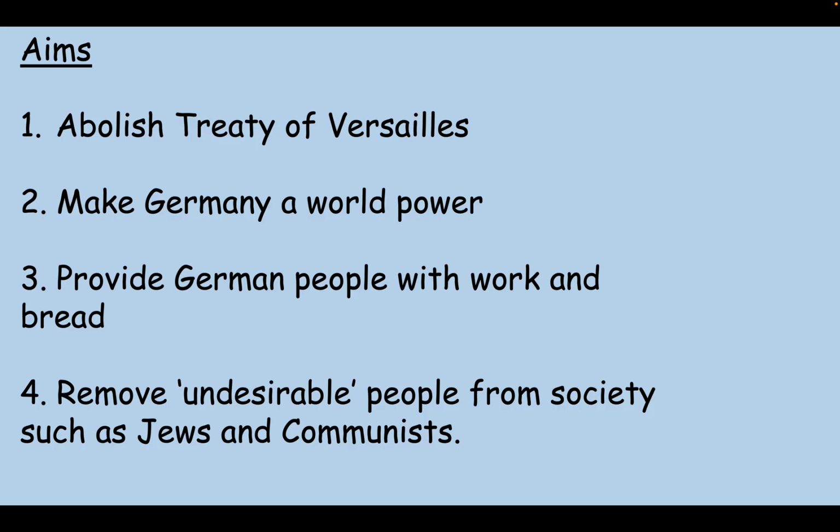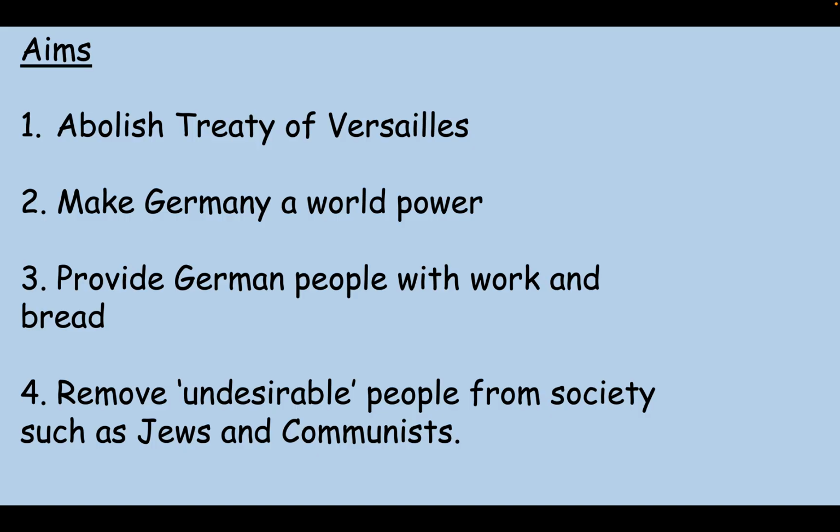Now, some of the aims of the Nazi Party were detailed on the screen here, but the key ones are these four. They wanted to abolish the Treaty of Versailles. Germany, and in particular Hitler, hated the Treaty of Versailles. He viewed the people who signed it, the Weimar government, as the November criminals.